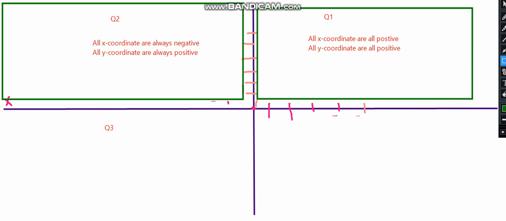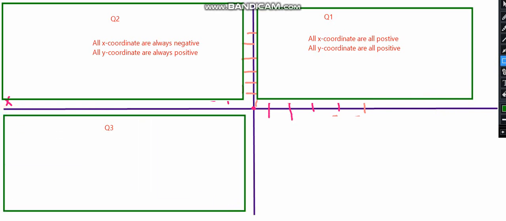Okay, quadrant 3. This is this box right here, and in this one all the x coordinates are always negative, and all the y coordinates are also all negative. So -4, -5 is in quadrant 3.